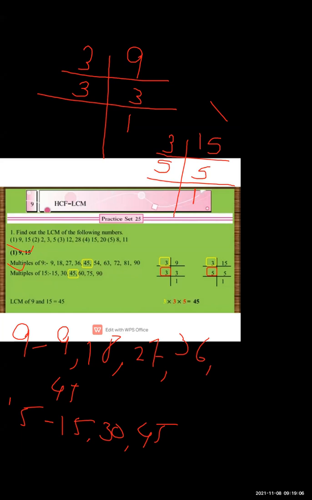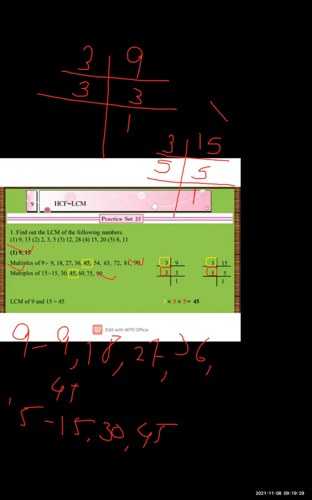Which are the common ones? Only 45 and 90 are common. ये कॉमन है, लेकिन कॉमन मल्टीपल लीस्ट मतलब क्या? सबसे कम.